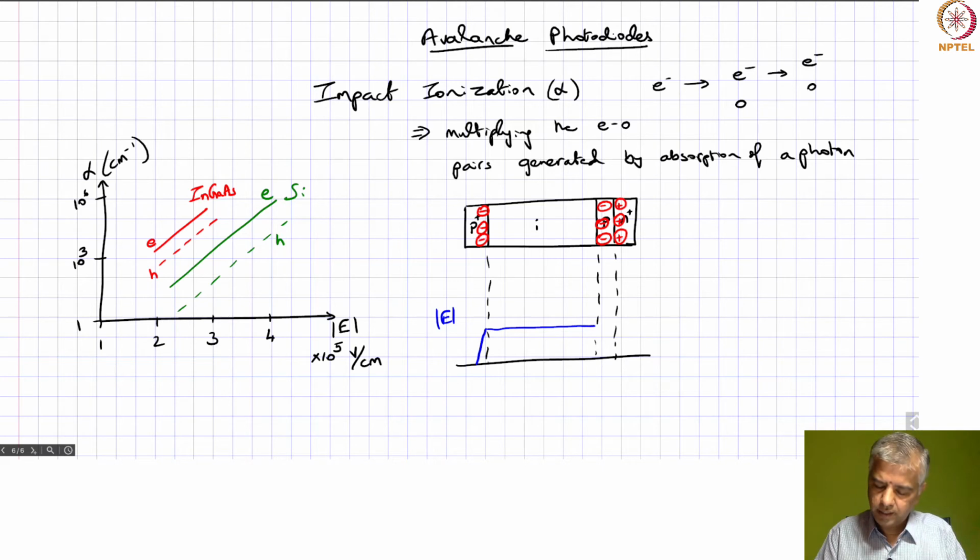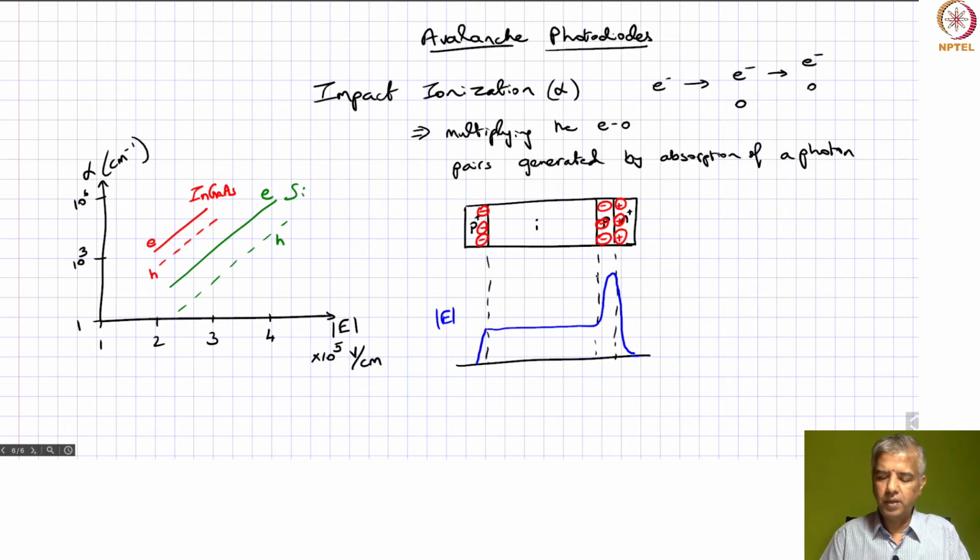So accordingly there's going to be an increase in the electric field, and then a decrease, and then it goes back to 0 beyond this. This is different from the previous PIN photodiode structure, where the electric field was constant across the entire I region.